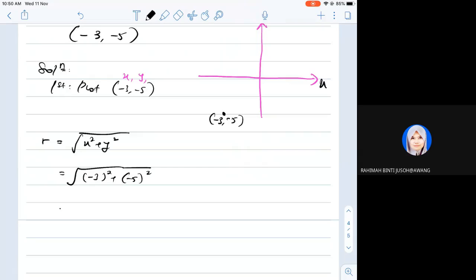So 9 plus 25, you will get the square root of 34. Okay, next we need to find the angle. Theta equals arctangent of y over x. So arctangent of -5 over -3. Okay, guys, you can change this to degree mode. All right, shift tangent 5 over 3. What should you get?